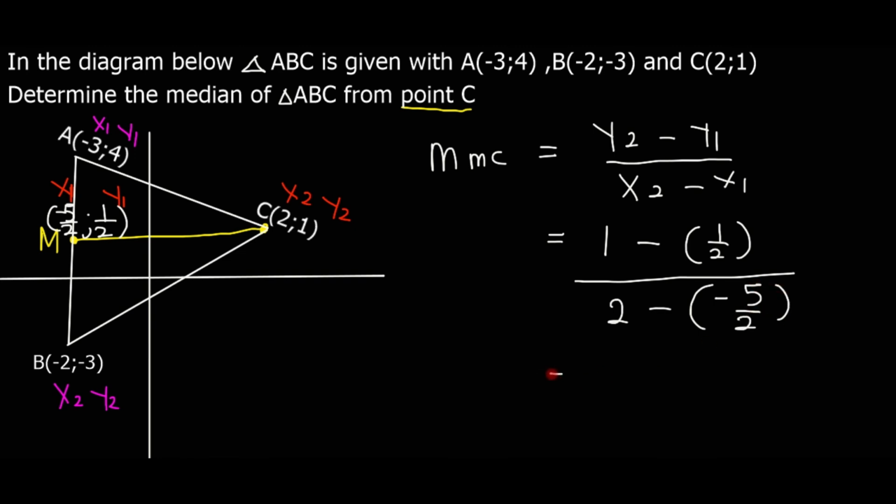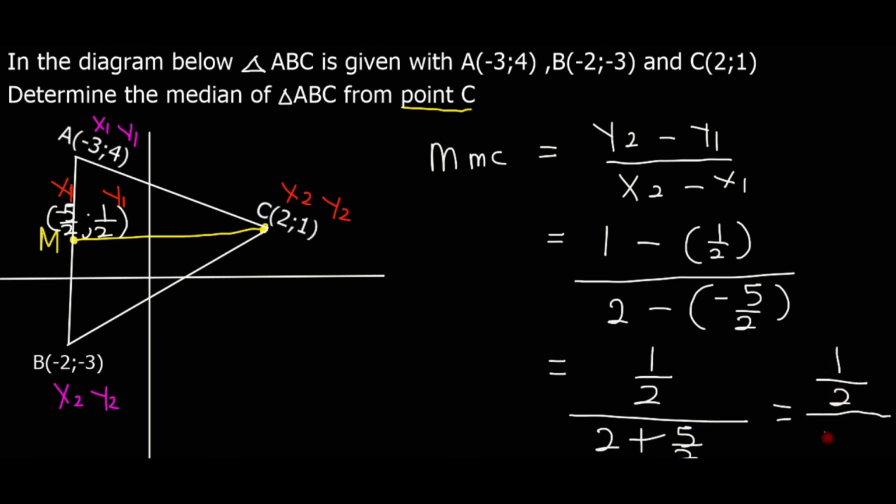So from there, 1 minus half is just half, and then divide by 2 minus minus, which is the same as 2 plus 5 over 2, which is 9 over 2.